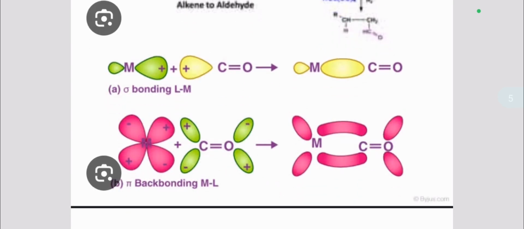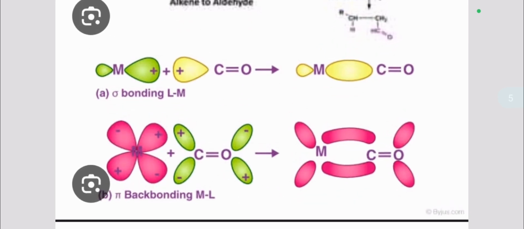Pi bonding and sigma bonding. Sigma bonding means the CO ligand donates the electron to the central metal atom, and pi bonding means the central metal atom donates the electron to the ligand, that is CO. Why do we call it the sigma bond?